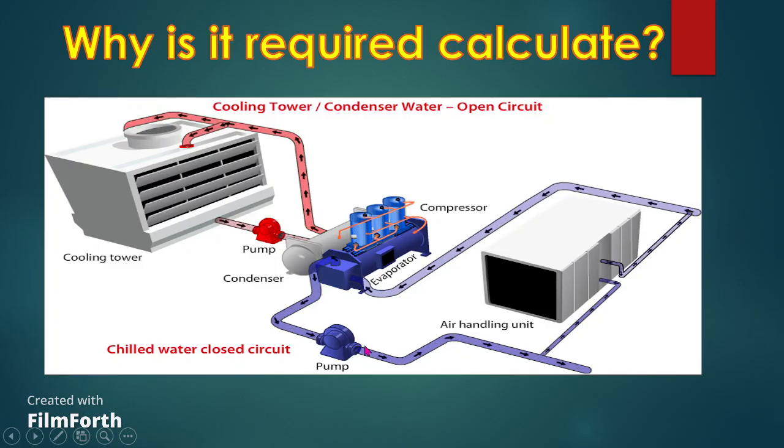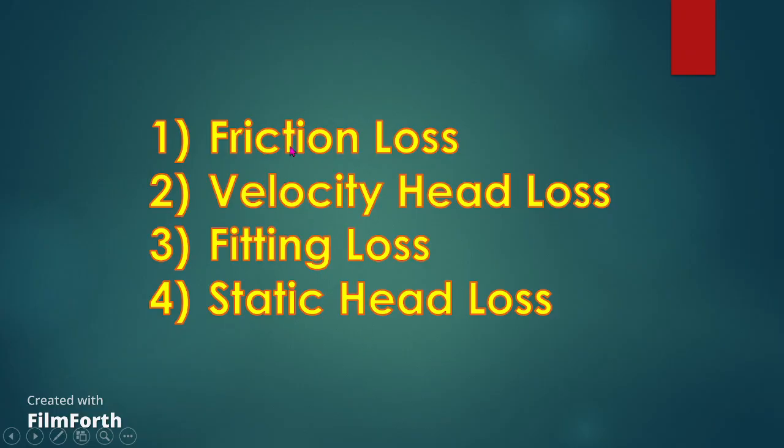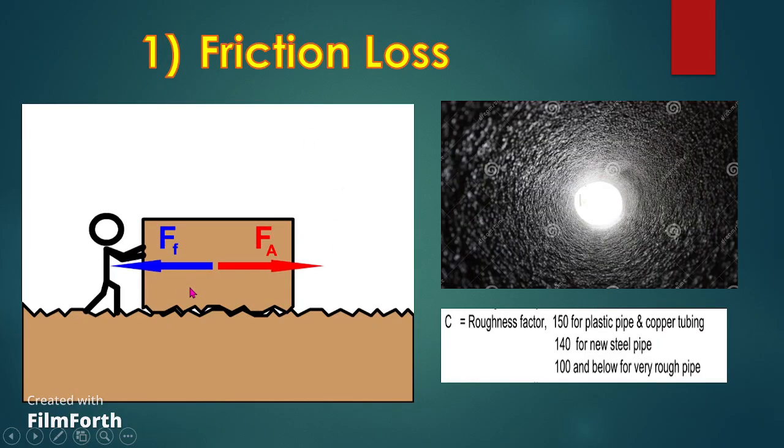Components of head loss. Before proceeding with calculations, let's understand the following types of losses: friction loss, velocity head loss, fitting loss, and static head loss. Friction loss. When an object is pushed over an uneven surface, frictional force arises. Similarly, even if pipes have smooth surfaces, they possess internal irregularities.